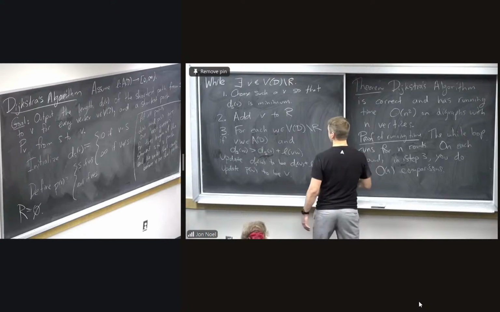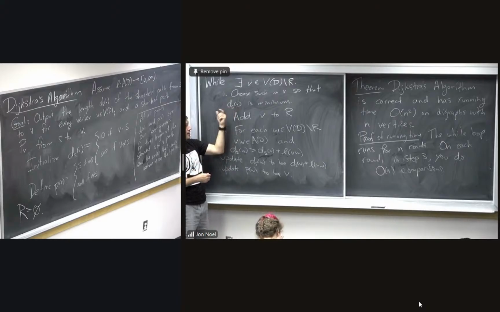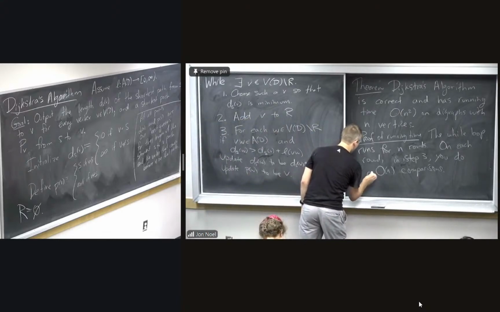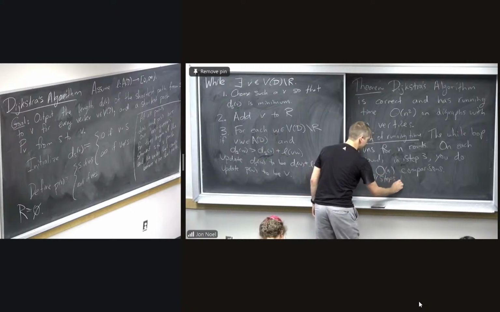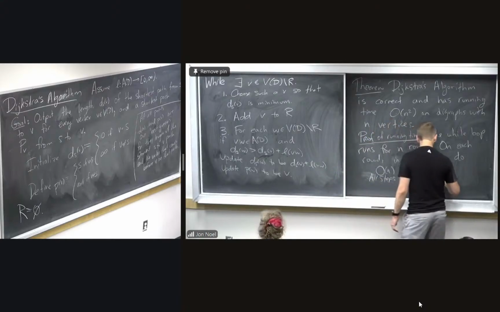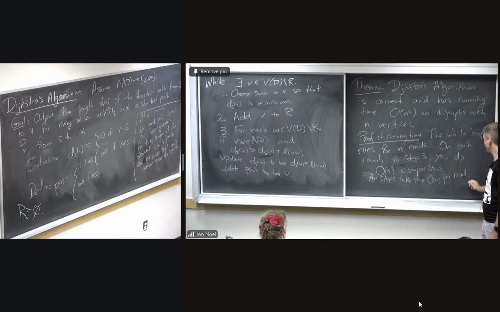Well, I should be analyzing every possible step. But this step certainly takes time big O of n. I could just check this value for every possible v and take the minimum. This takes no time at all. I just put it in the set, and this takes time big O of n. So I'll just say basically all steps take time big O of n per round. And so n times n, we've got big O of n squared.